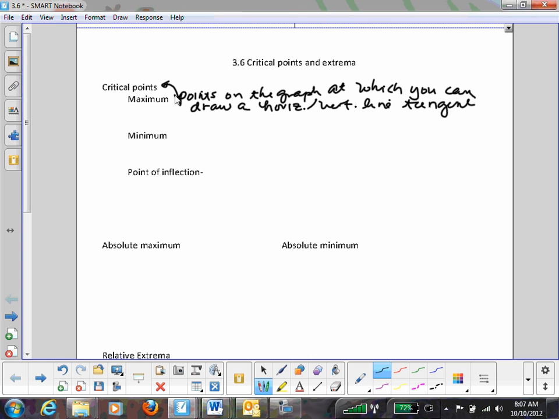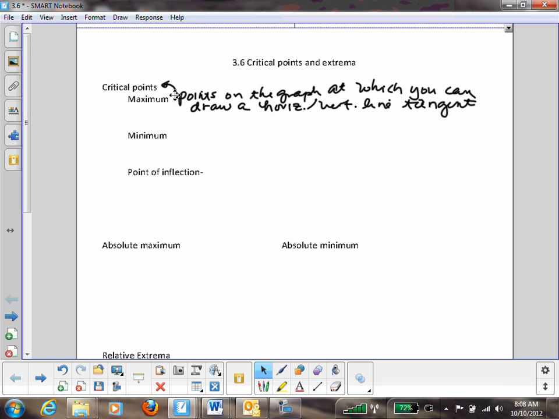Now, what does tangent mean? Next to, touching, forming a right angle to. Tangent, not as in the sine or the cosine or the tangent. So tangent means touches at one point.